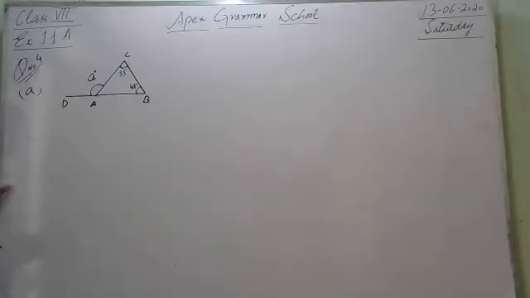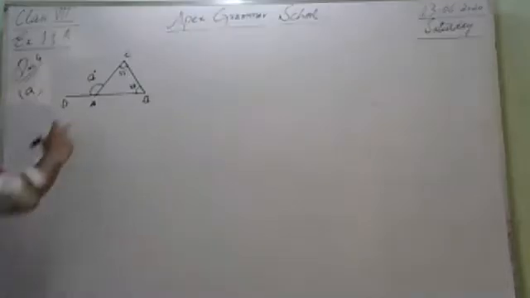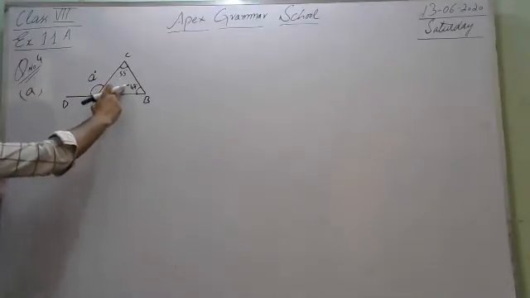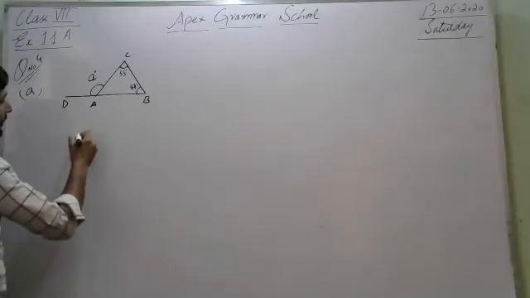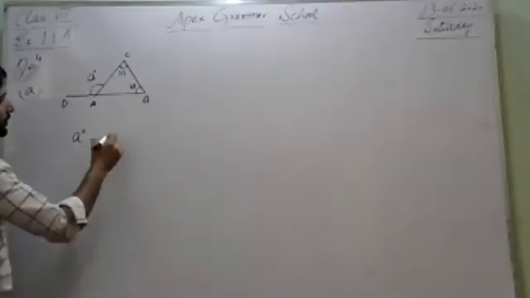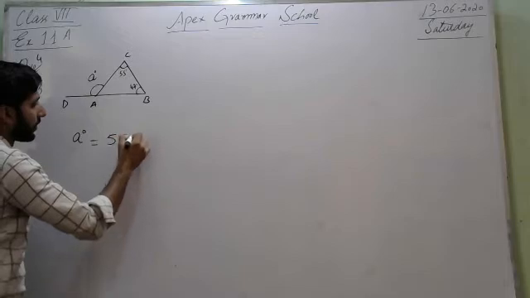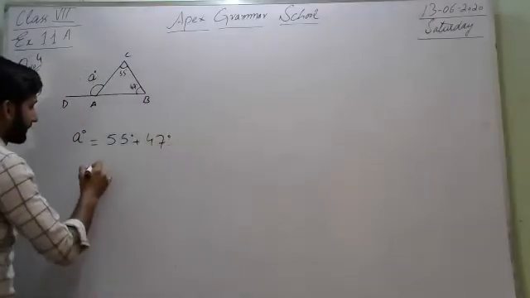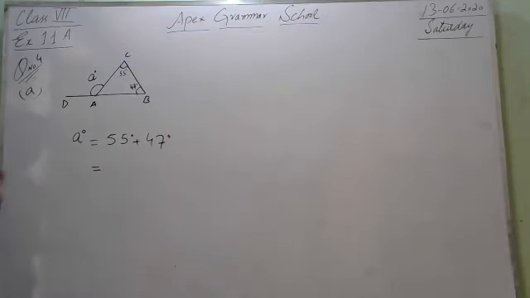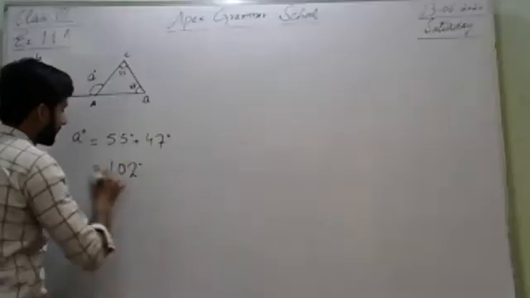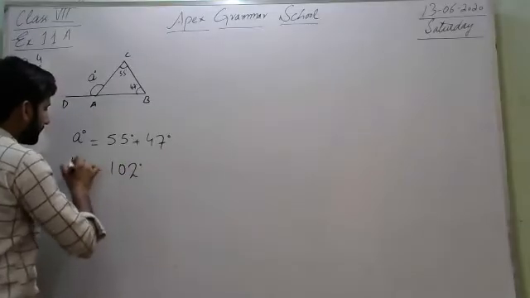According to the property of triangle, an exterior angle is equal to the sum of its opposite interior angles. I am going to apply this property. After adding, the answer is 102 degree, which is A part.